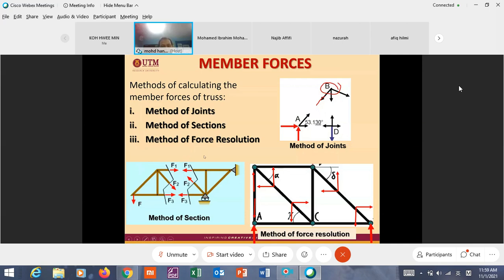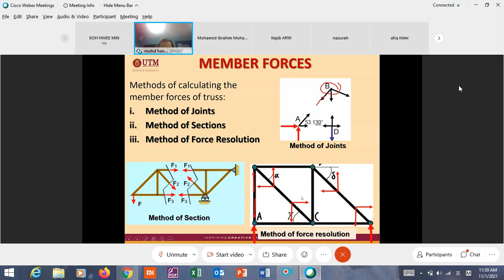Okay, and method of force resolution. What is the difference here? For this method of resolution, you not only consider the joint equilibrium but also the member equilibrium.